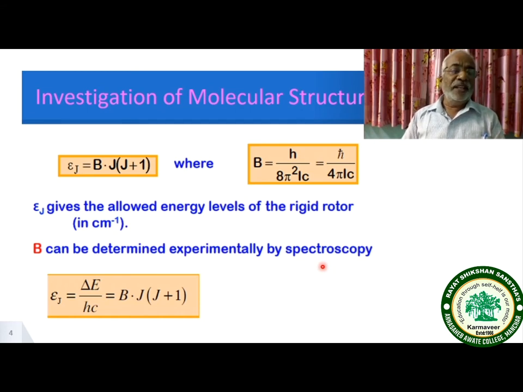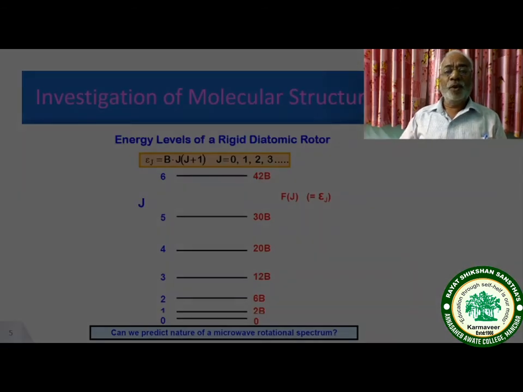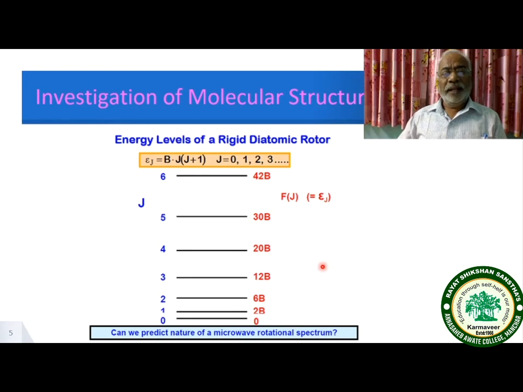And that's why the difference between the two rotational energy states is considered as delta E, and hence a simple modification in the previous equation is accounted for here. So for the transition there is a rule, and that rule will be considered as the selection rule.